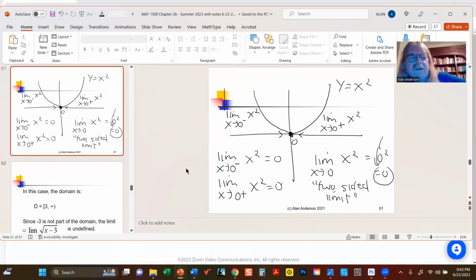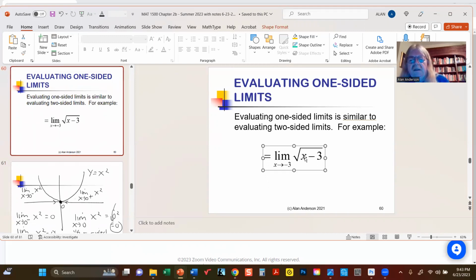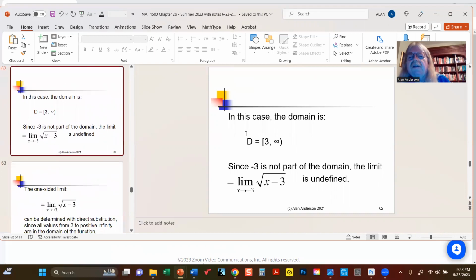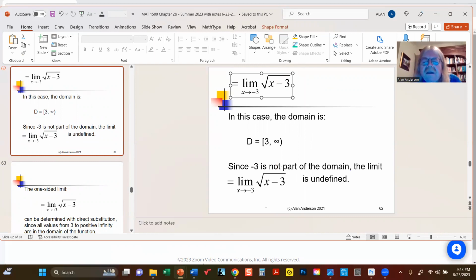Now, for this particular example we're looking at, well, it's pretty clear that we can't have any values of x less than 3. We can have 3 itself, but not anything smaller than that. So the domain is everything from 3 up to infinity, including the 3. And here's why.